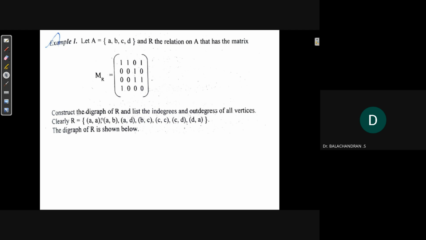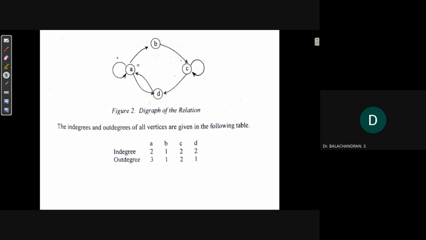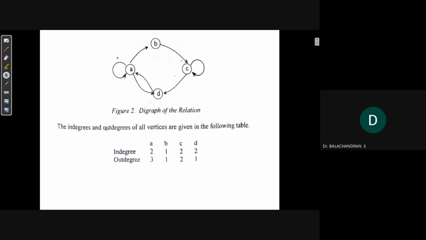Now, for each vertex, we need to draw the digraph also. In the next slide you can see the digraph. How many elements are in the set A, B, C, D? You can see here A, B, C, D. Now A to A means you can put a self loop like this. This is called a self loop.